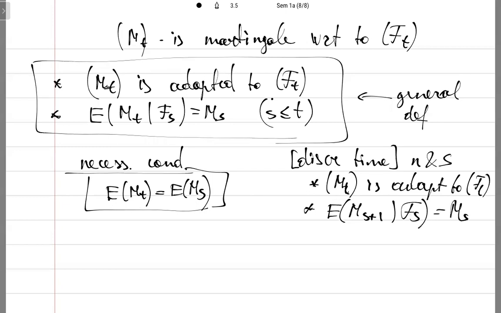If the best guess for one step is the current value, then the best guess for any number of steps is the current value.